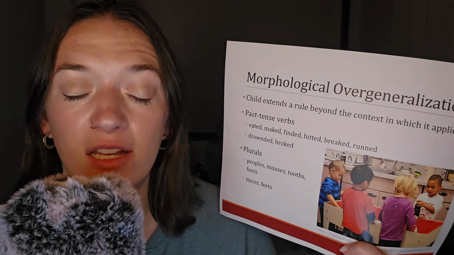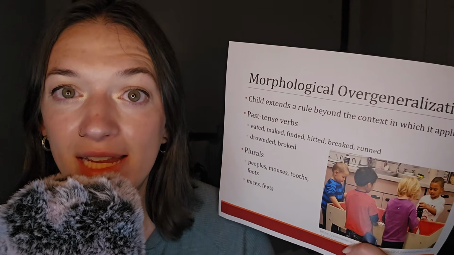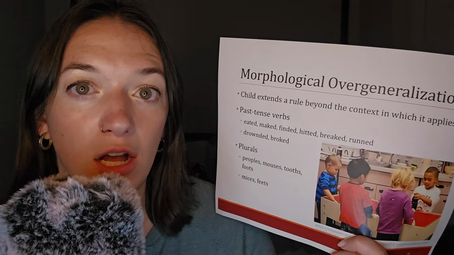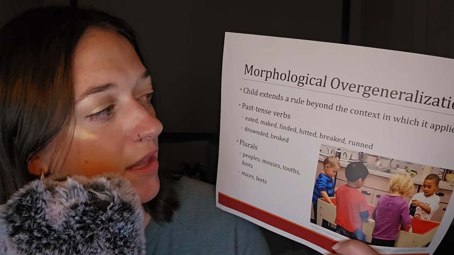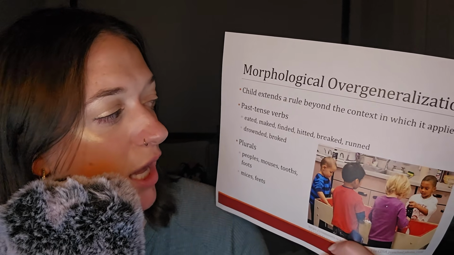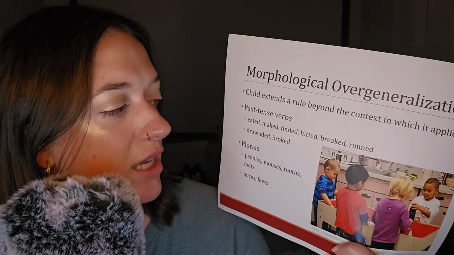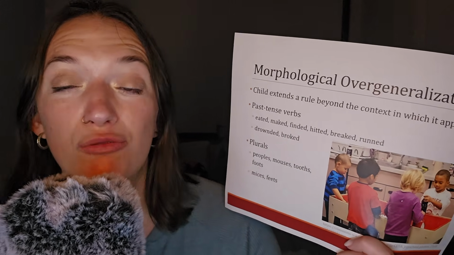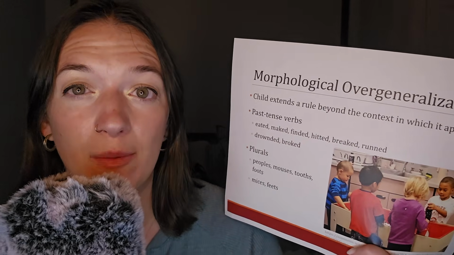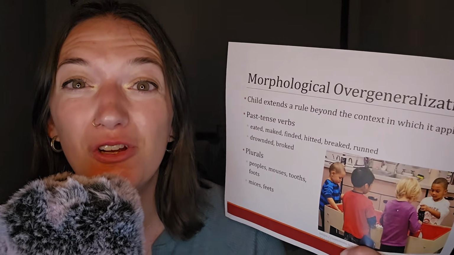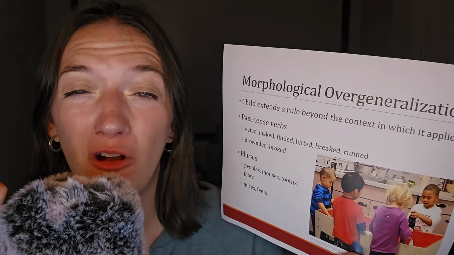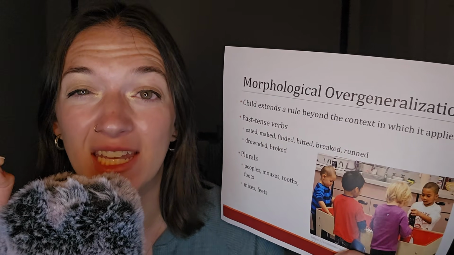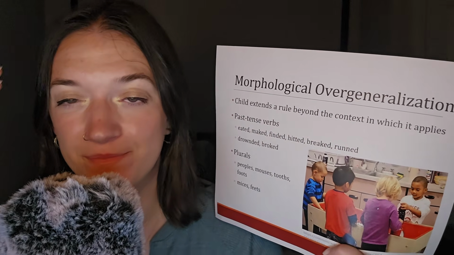I eated a cookie. I maked a craft. I finded my friend. Hitted, braked, runned, broked, etc. So drowned and broked are examples of how children do learn about irregular past tenses and still overgeneralize and apply past tense -ed.